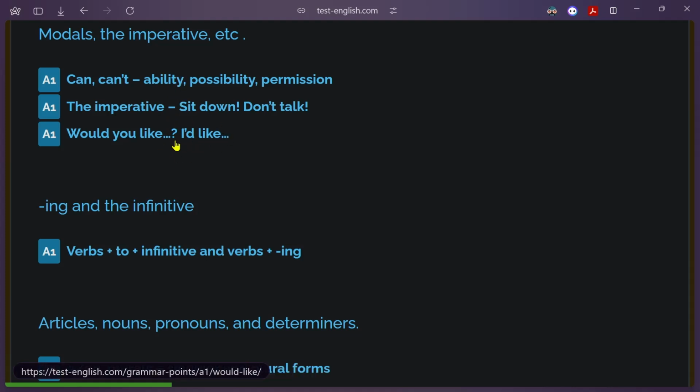May you be happy? Like wishes. Would you like? I'd like. These are like polite questions, right? Would you like this? I would like that. Imperative is more like an order. You should get up and you should do this and you should write. Right? Or actually I'm saying you should. Actually imperative is just write.